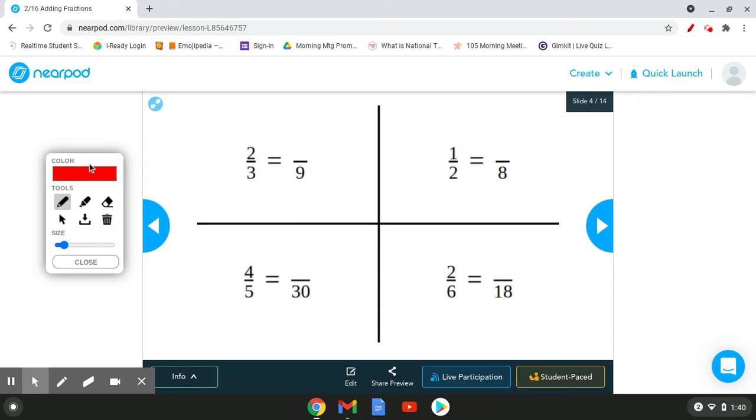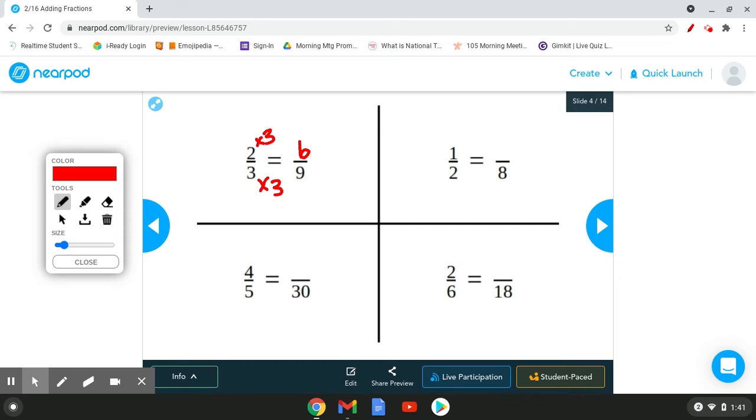So what you're going to do is think to yourself, 3 times what gave me 9? 3 times 3. Whatever I do to the bottom, I do to the top. So I'm going to do 2 times 3, so your new numerator is 6. Again, both of these fractions represent the same shaded amount.